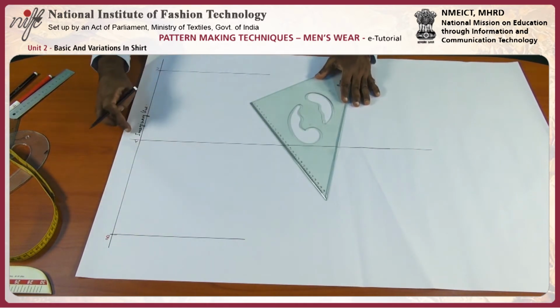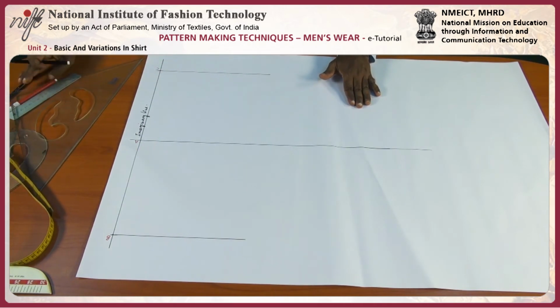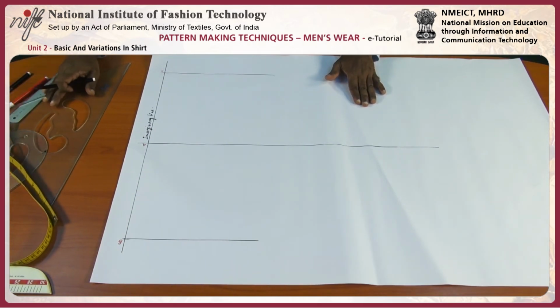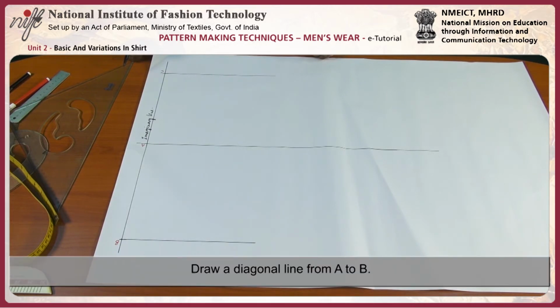These two lines are parallel to the line A. Now measure half armhole circumference on the measuring tape and mark point D diagonal to point A on the place where the tape intersects the parallel line.